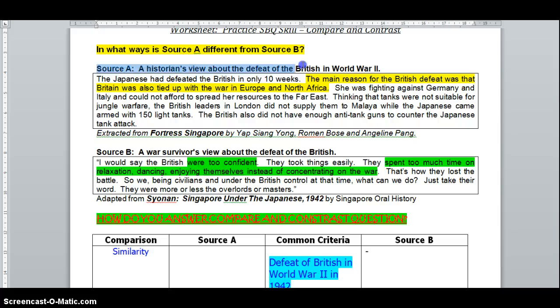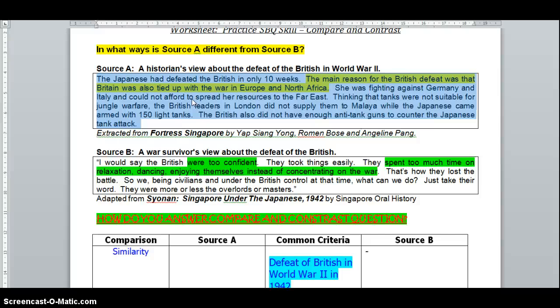In source A, here the provenance, we see that it's a historian's view about the defeat of the British in World War II. In the source, it reads, the Japanese had defeated the British in only 10 weeks. The main reason for the British defeat was that Britain was also tied up with the war in Europe and North Africa.